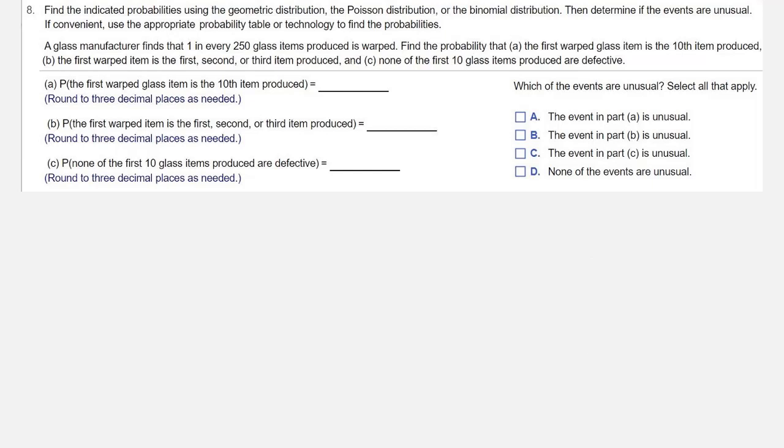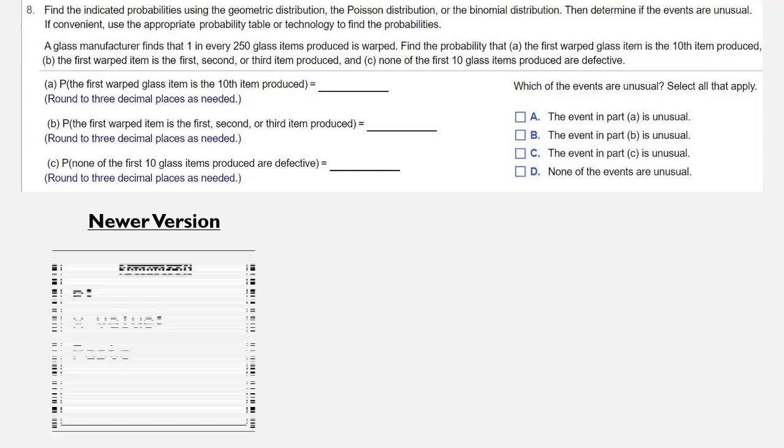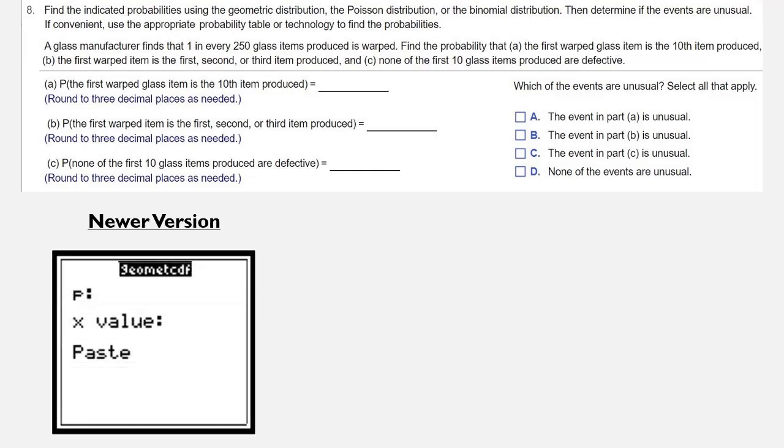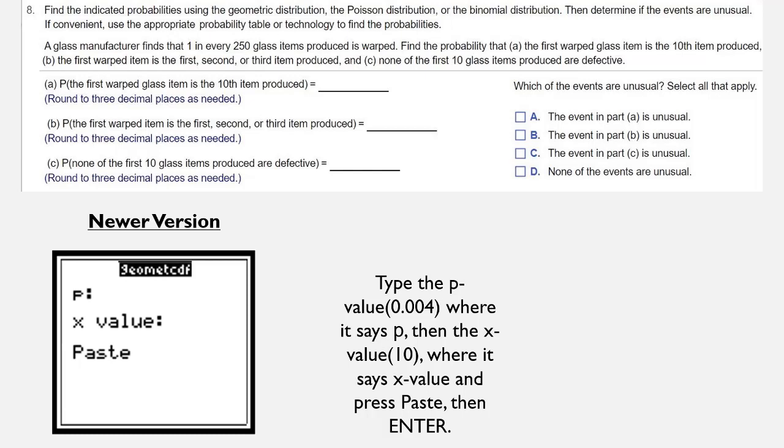So on the newer version, once you scrolled on the distribution screen and found Geomet CDF and pressed enter, you would be taken to a screen that looks like this, the Geomet CDF screen. It's got a spot for P and a spot for the X value and then the word paste. So what you're going to do is where it says P, you're going to type in the P value, which is 0.004. Where it says X value, you're going to type in 10. Again, that's where you want it to stop adding.